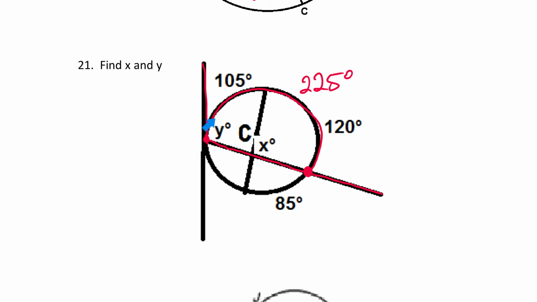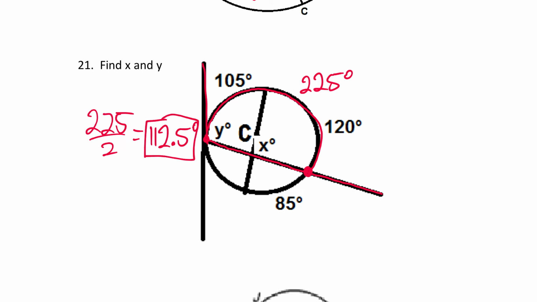So if you remember, how do you get from this arc to this angle? There's just one thing you've got to do. Divide it by 2. So the arc divided by 2 gives you this angle right here. So 225 divided by 2 is 112.5. That gives you y.